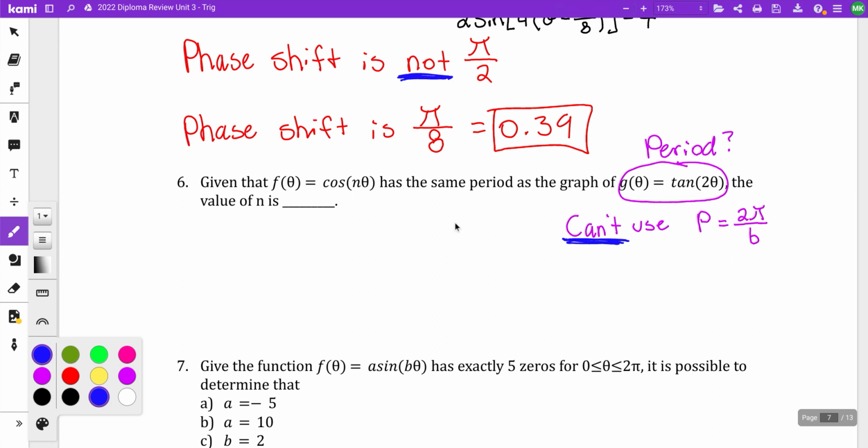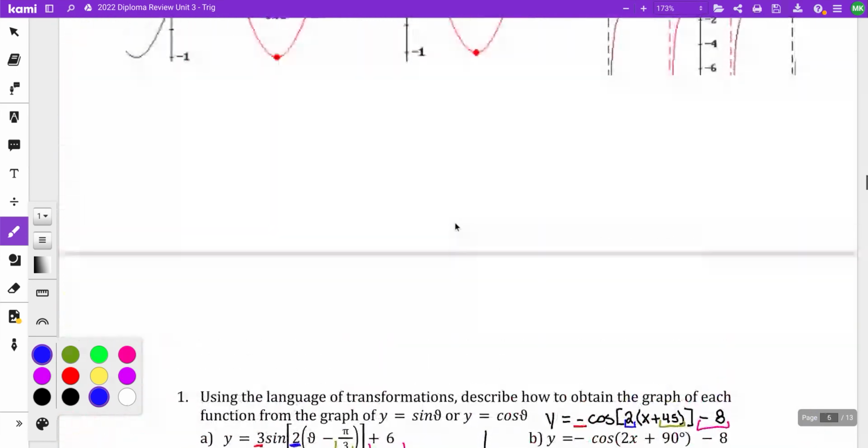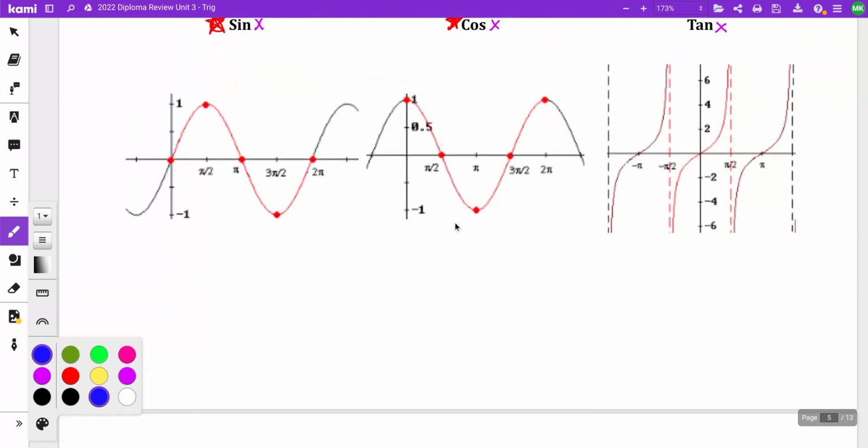The reason it doesn't work for tangent is because, if you think back to the mother function, tangent has a different starting period than sine and cosine. Sine has an original period of 2 pi. Cos has an original period of 2 pi. Tangent does not. Tangent has an original period of 1 pi.